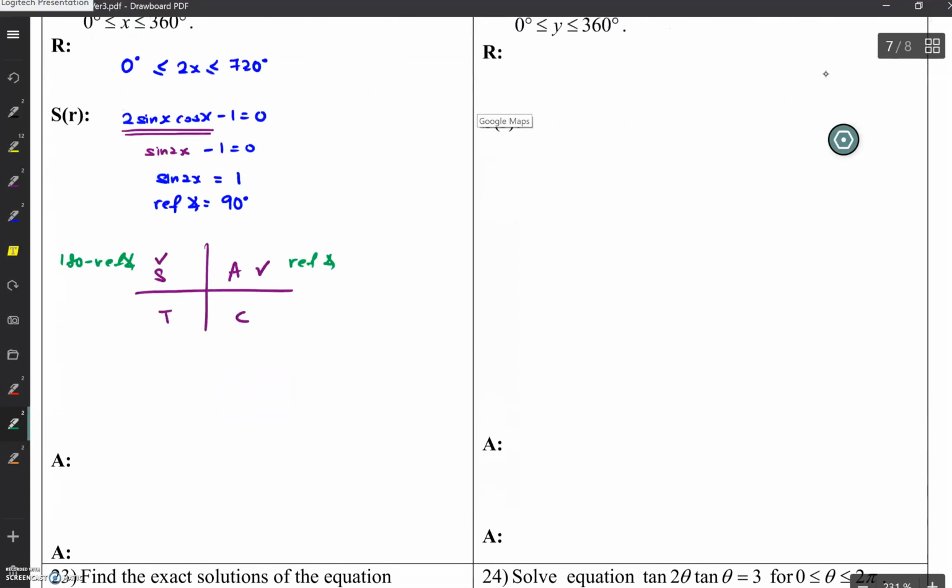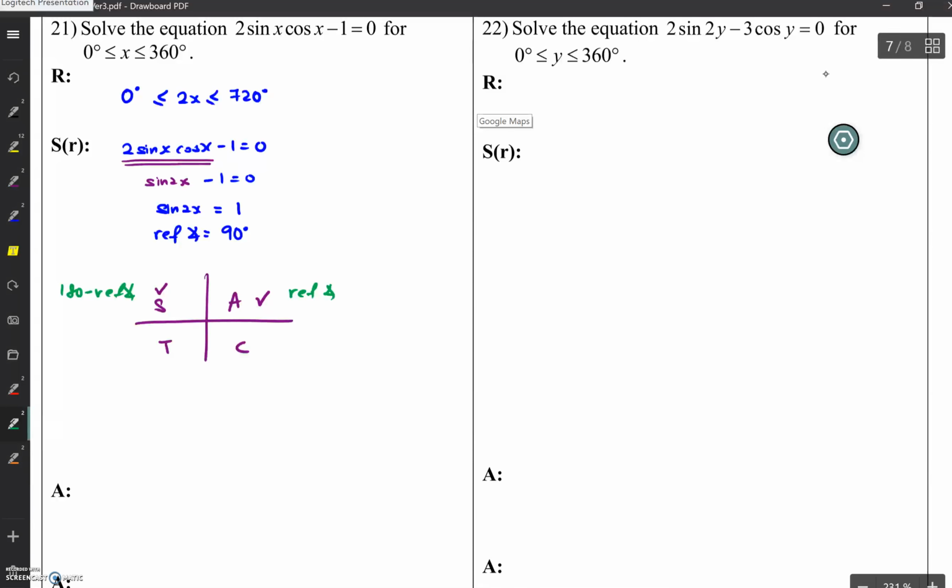Okay, now back to this. So I can solve for my question. Okay, so do take note. This is 2x. So when I'm solving for my answer, since this is 2x, I will write it as 2x is equals to. Okay? Then I know that it's in my first quadrant and my second quadrant here.